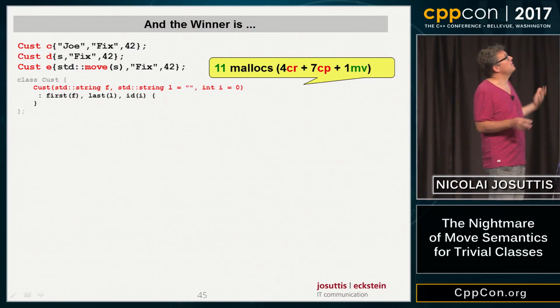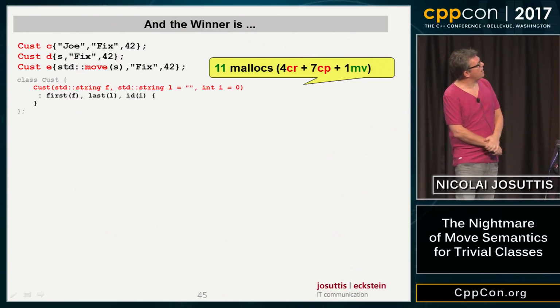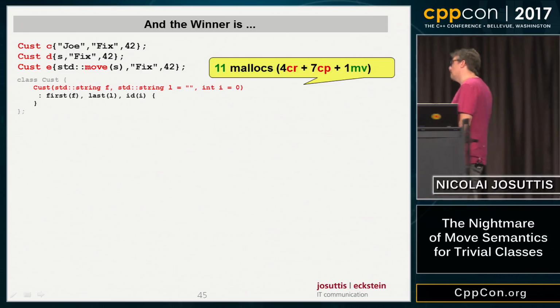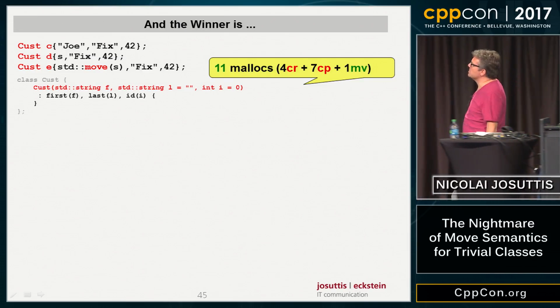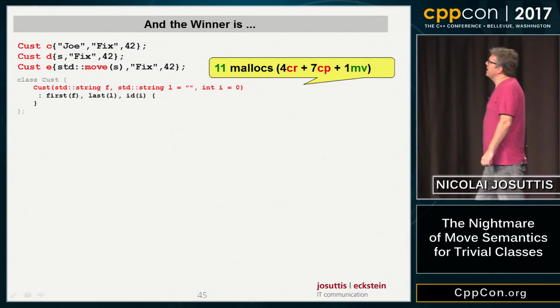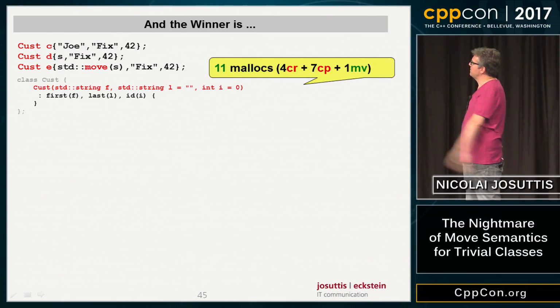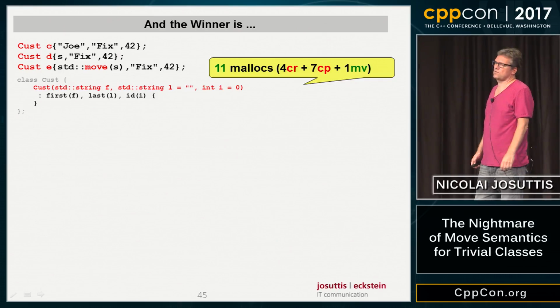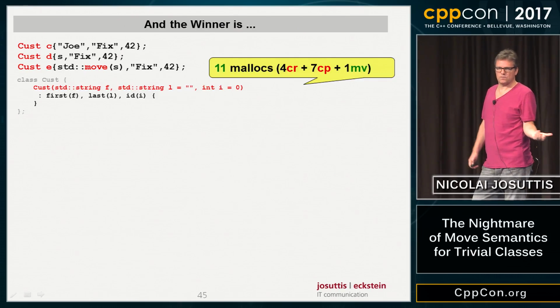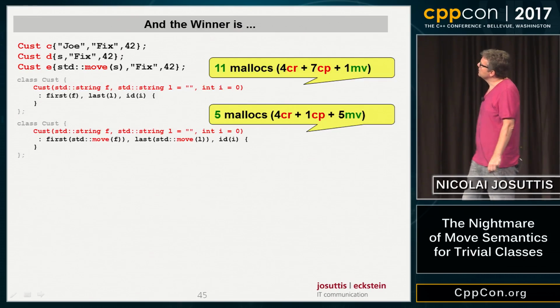And it turned out that this is pretty expensive. 11 potential mallocs, unless we have short string optimizations, because we have 4 creates, and the most expensive thing is that with these three statements as a summary, we got 7 expensive string copies and 1 move.